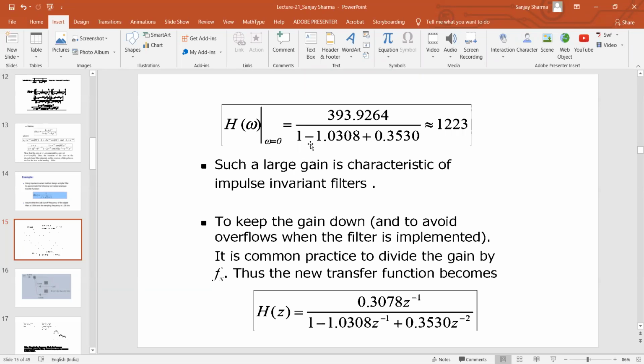The DC gain comes out to be 1223. So it's a very large gain. To keep the gain down and to avoid overflows when the filter is implemented, it's common practice to divide the gain by fs. So this gain is divided by fs. What is fs here?